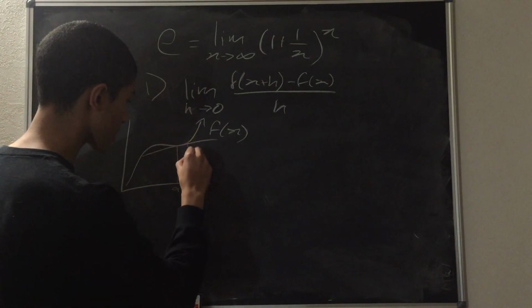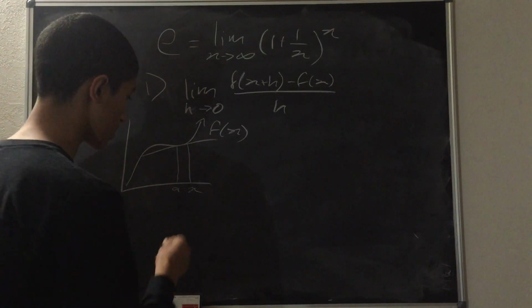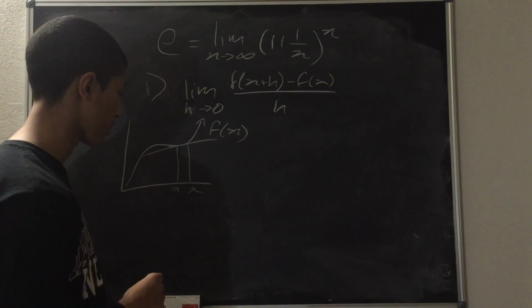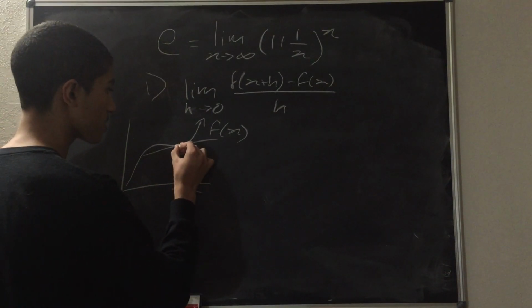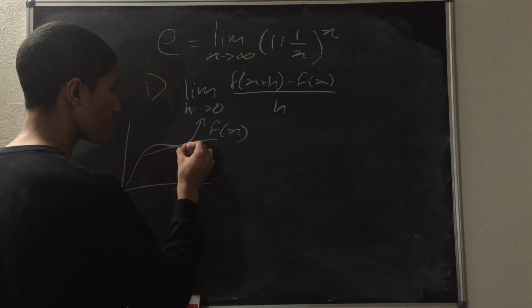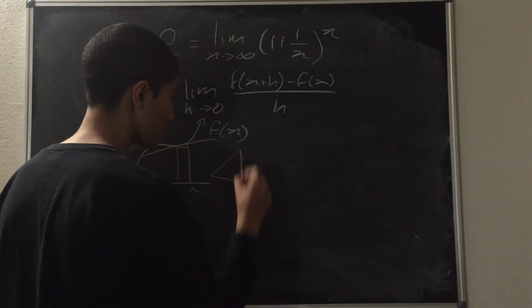And let's say I take another x value called x, which is a very small distance away from our first value, and let's try and find the rise and the run of this tiny triangle. Let me enlarge this triangle.